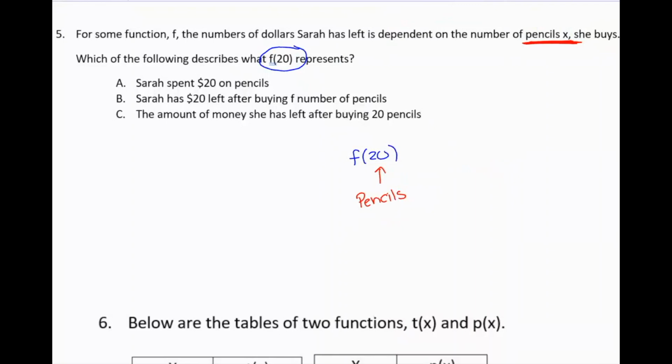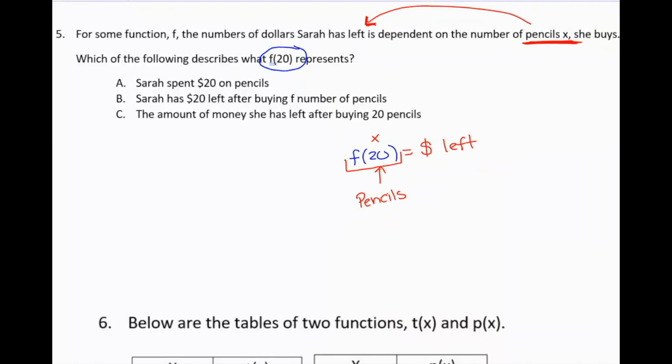Now, Sarah's pencils, however many she buys, that's going to tell us how much money she has left. So if x is pencils, our entire unit, f of 20, is going to tell me how much money she has left. So that's what I'm looking for.